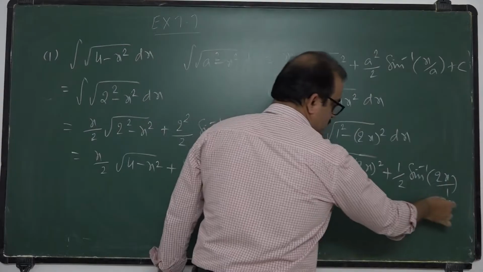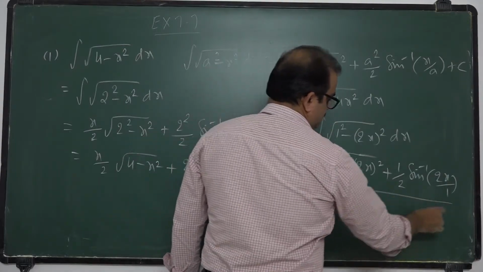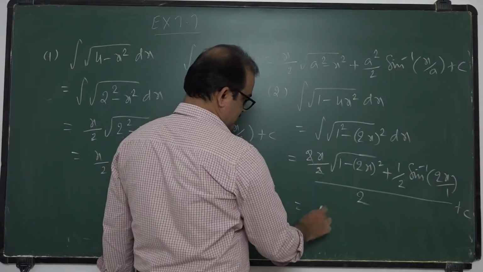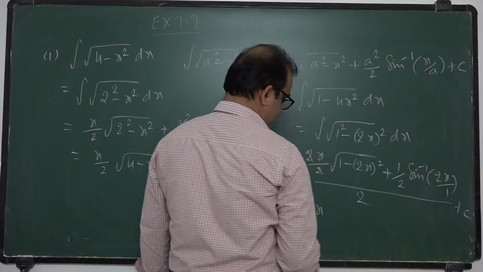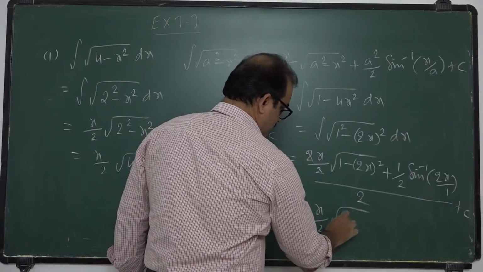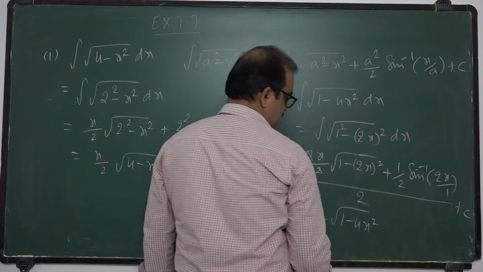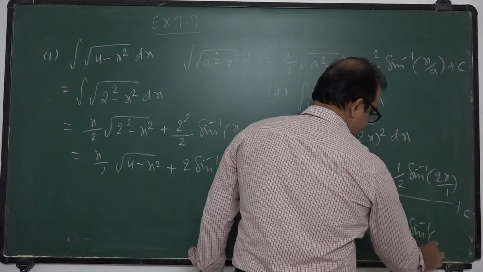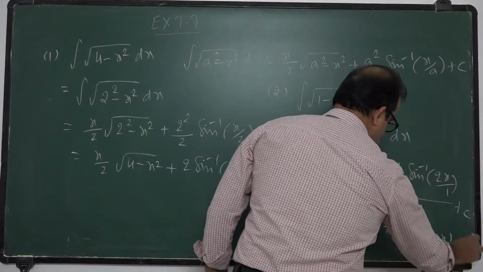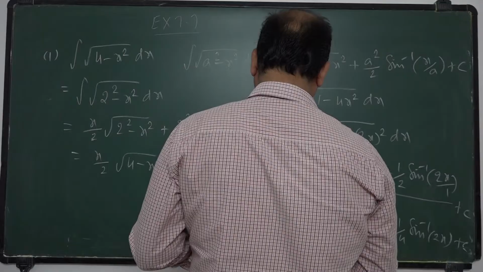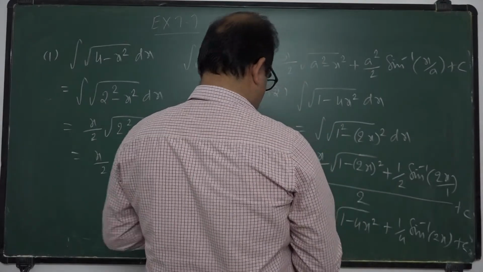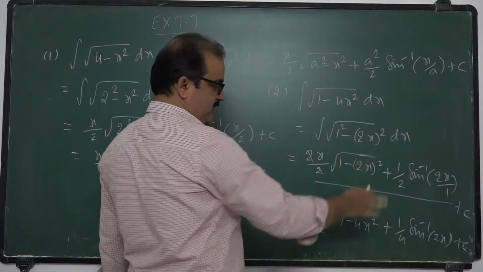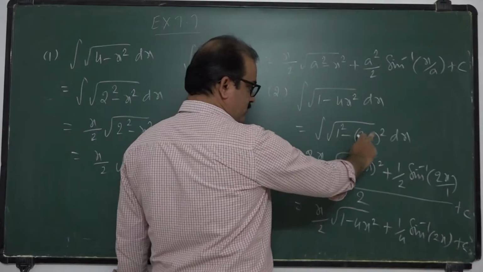Derivative of 2x is 2, plus the 2 cancels, so divide this 2 separately. x by 2 into root of 1 minus 4x square plus 1 by 2 by 2, that is 1 by 4, into sin inverse 2x plus c. In place of x we have 2x, so apply the formula directly and divide by the derivative of 2x, that is 2.